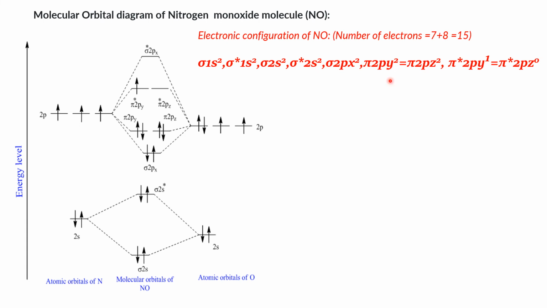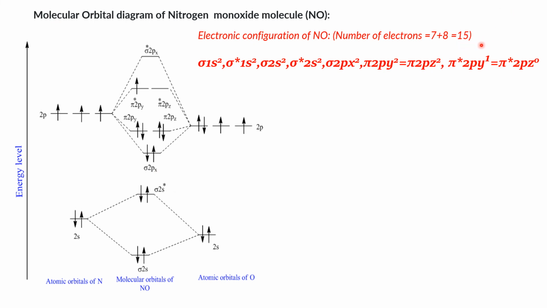Now I am taking the case of the nitrogen oxide, NO molecule. I am not explaining anything, I have just shown you. This is the atomic orbitals of nitrogen and oxygen. The atomic orbital of oxygen is having lower energy than nitrogen. Electrons will be filled in.